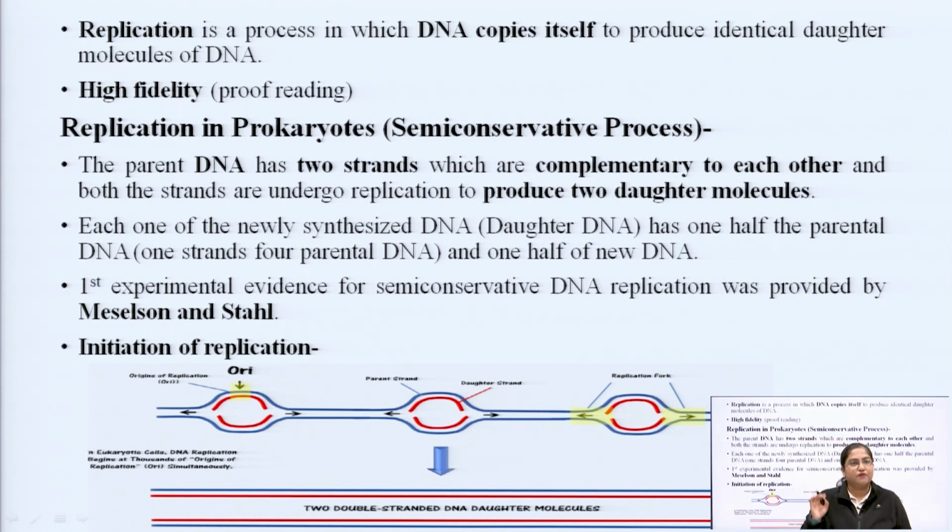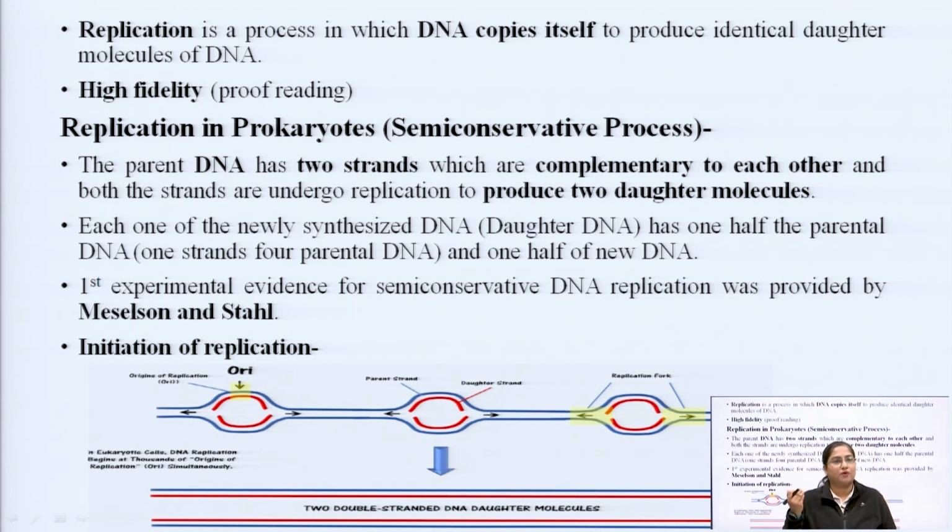That means we are conserving one of the parent strands of DNA and the other strand we are using for making the daughter cells. The parent DNA has two strands which are complementary to each other, and both strands undergo replication to produce two daughter molecules.